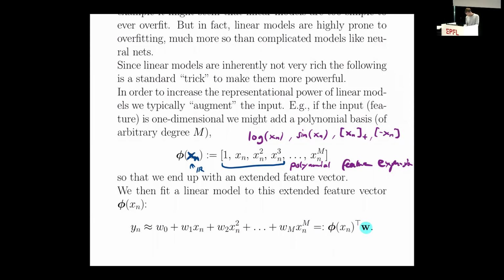Originally we just had this part, right? 1W times the original xn. And now we have many more W's when we do a linear model. So all these guys, and here is my expanded feature vector. That's a way to expand features and then apply linear models.